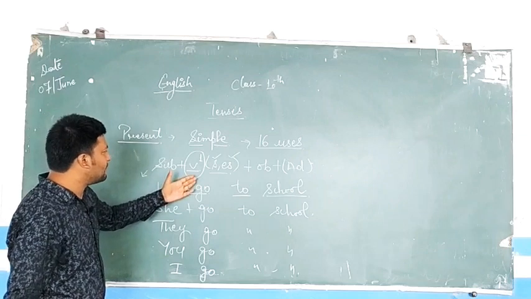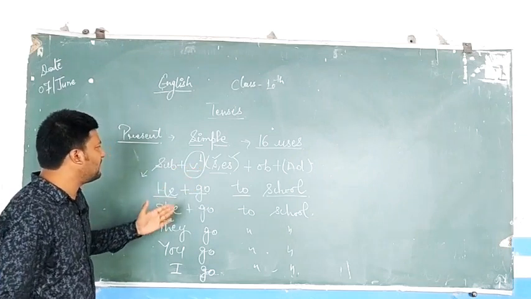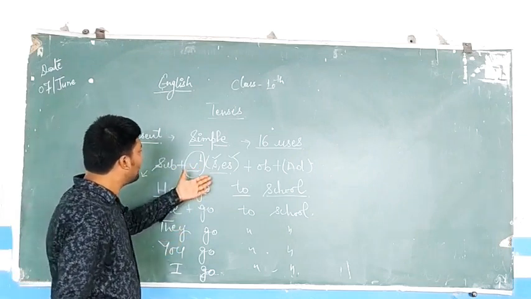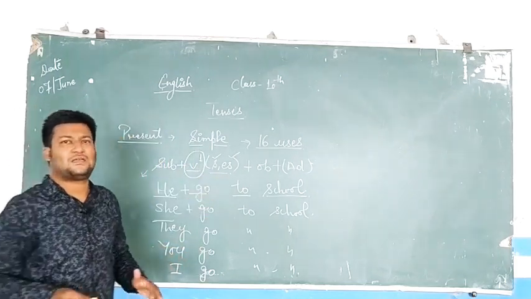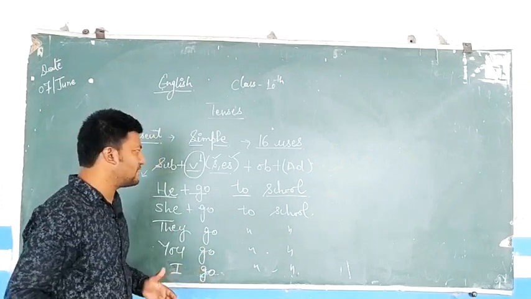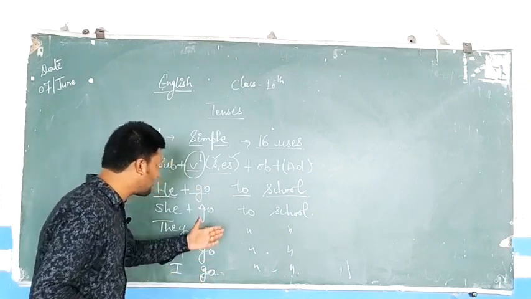Now, should I use the verb first form? Definitely I will use it in each sentence. But should I use s or es, what is the rule to use s or es, or will the verb first form alone work?